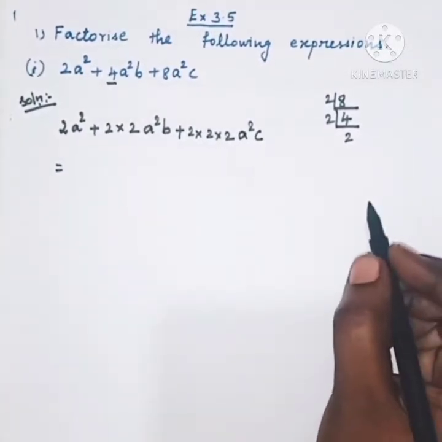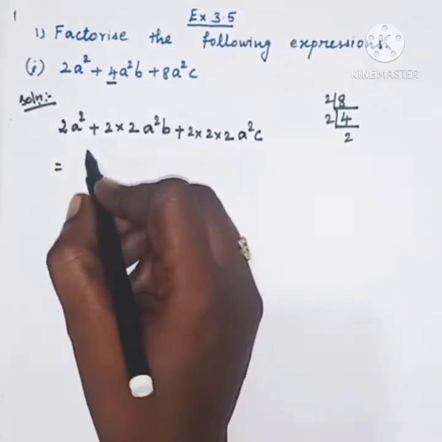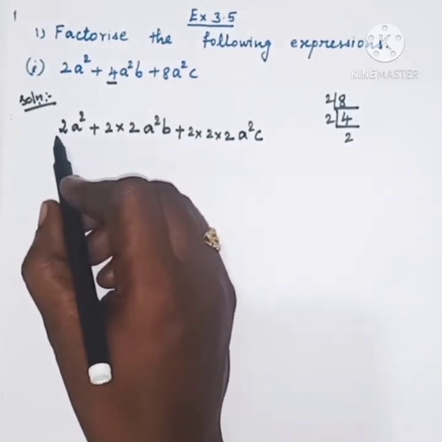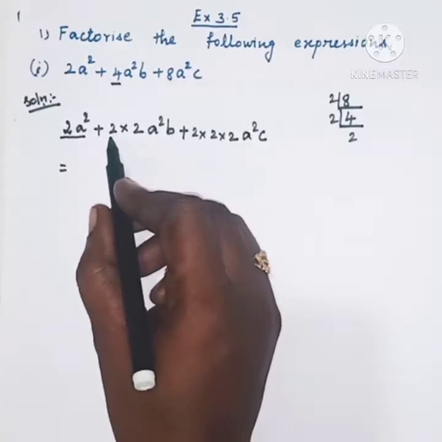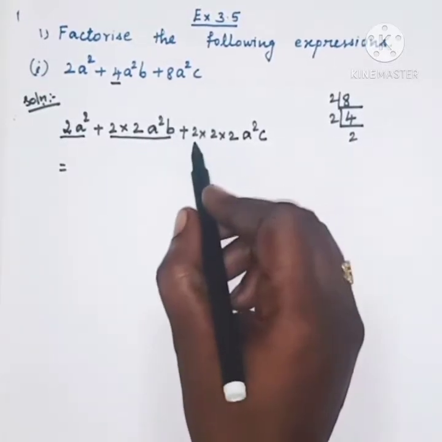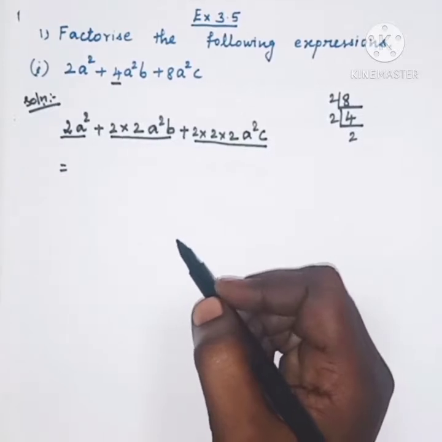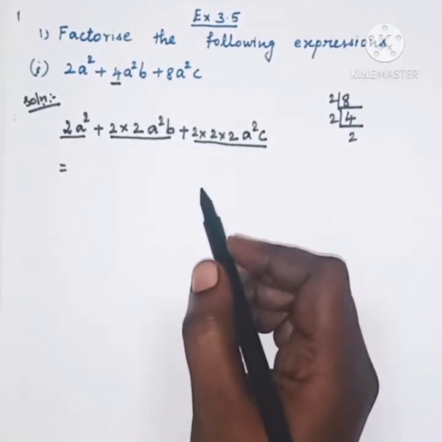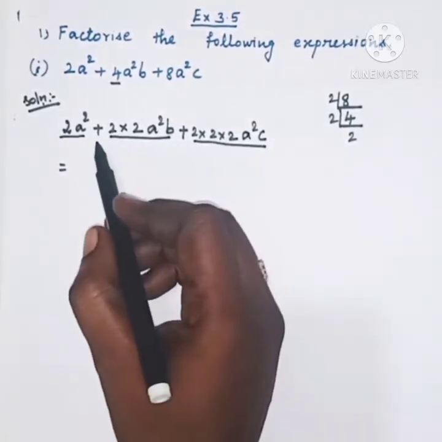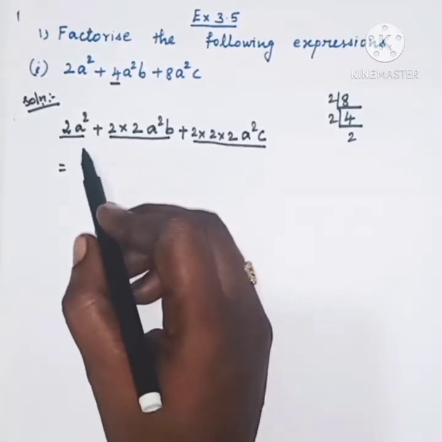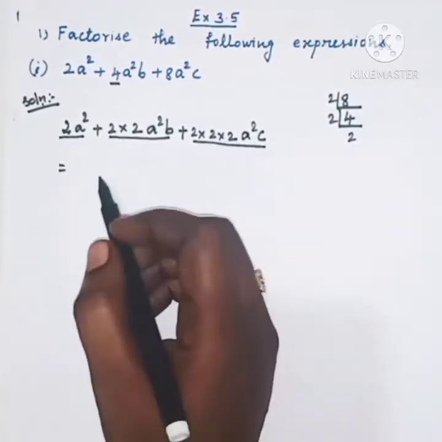Now we should take the common things outside in these terms. This is the first term, this is the second term, and this is the third term. In these 3 terms, we should take the common things outside. So what are the common numbers or common variables we have in these 3 terms?